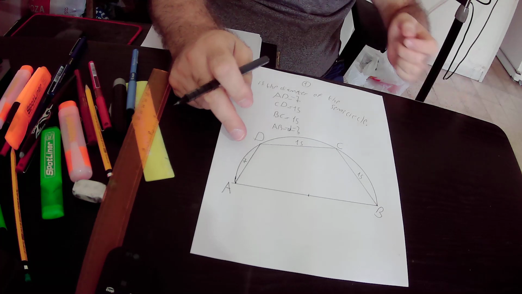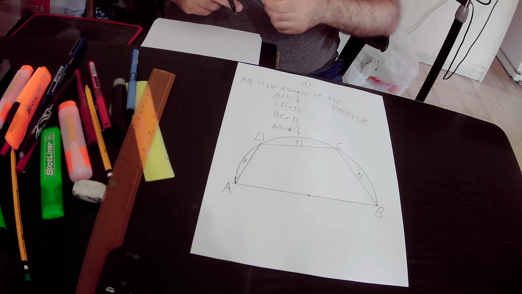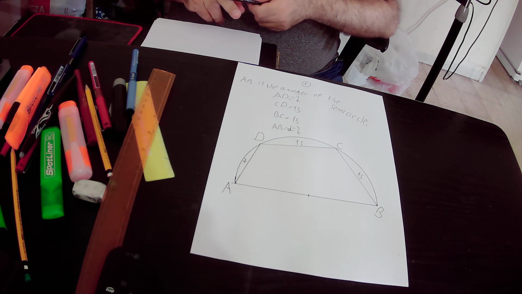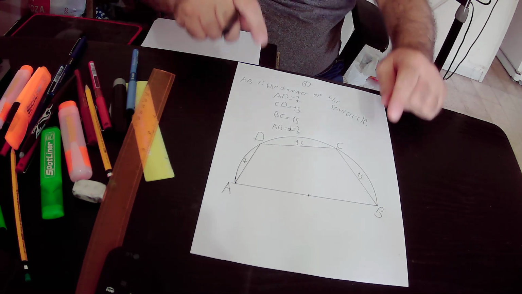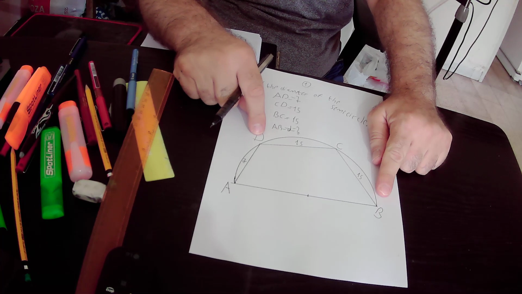Okay, so first of all, we will make a construction. We will connect points D and B by a straight line.